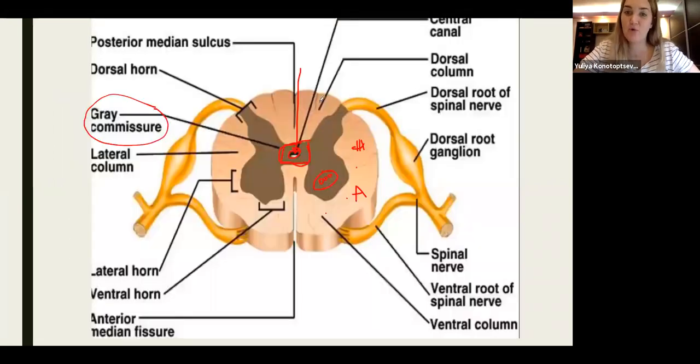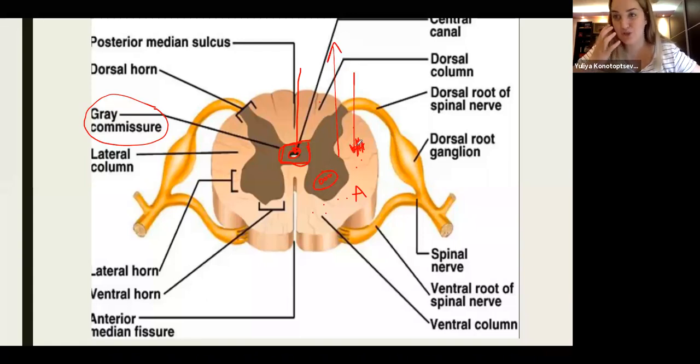So tracts are going to be present within the white matter of the spinal cord. The tracts are, I repeat, functionally related axons, right? So they're related to each other. They have similar functions. These tracts could be going to the brain and from the brain. It's a bi-directional pathway, okay? So within the white matter, you can see that they're going back and forth.